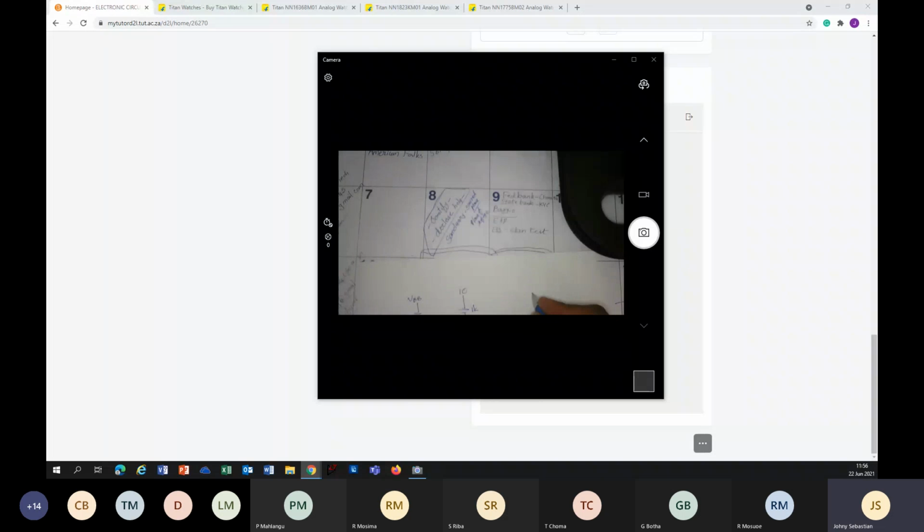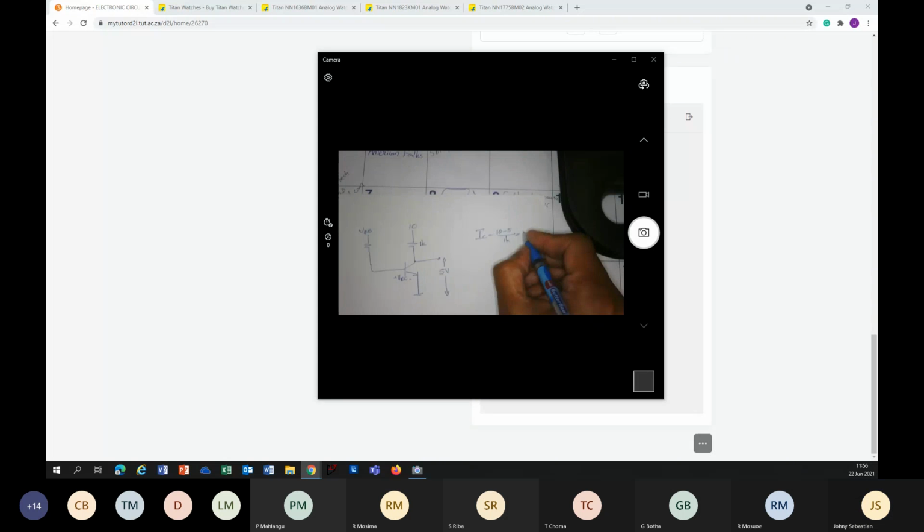So we can find the collector current is 10 minus 5 divided by 1K. I hope you can see that. That is 5 milliampere. Base current is collector current divided by beta. That is 5 milliampere divided by 50. What was the answer?